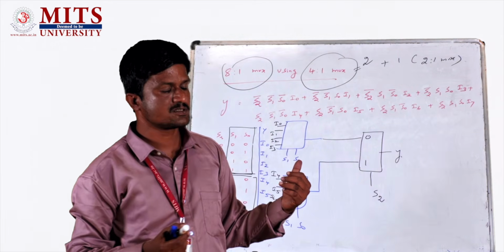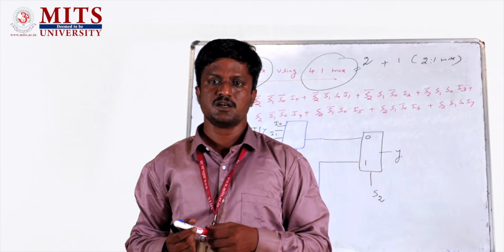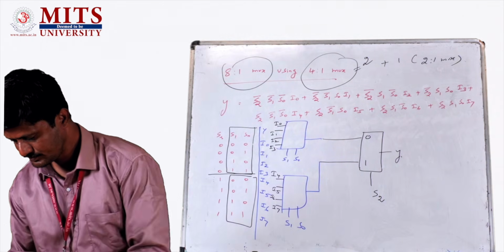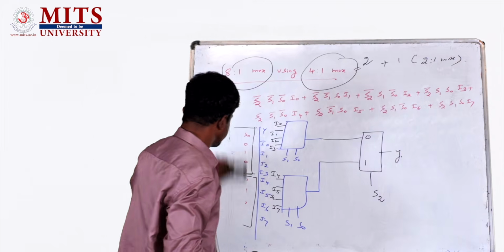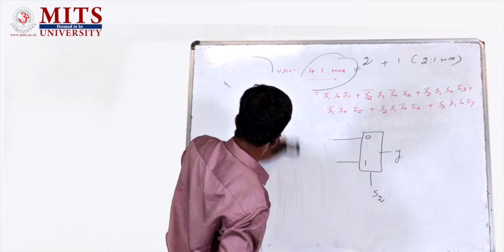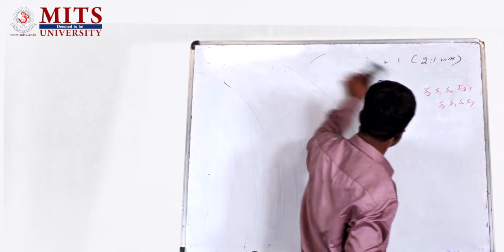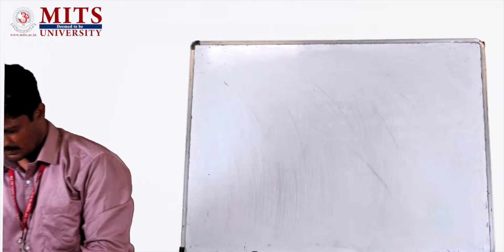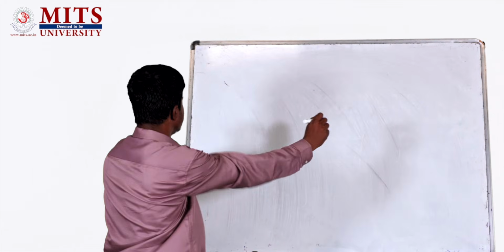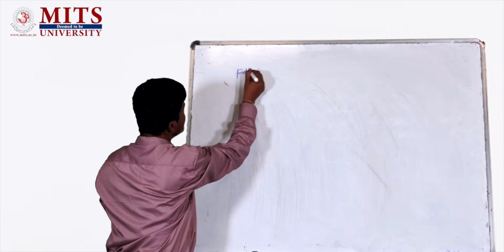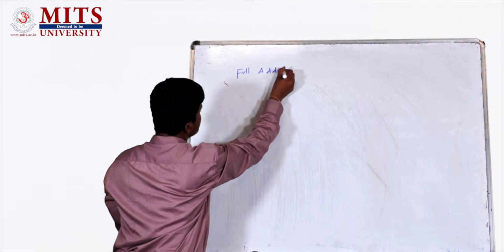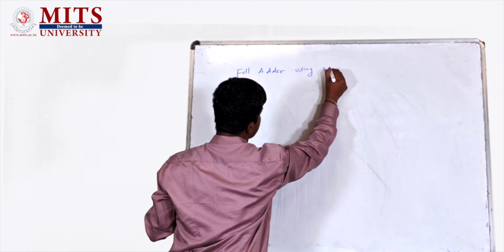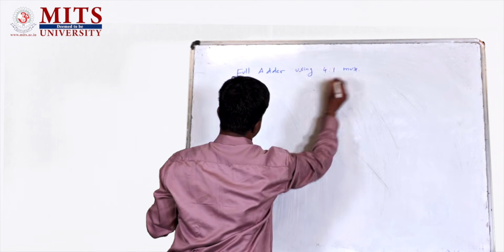First I am going to discuss the full adder using 2 is to 1 mux or 4 is to 1 mux. Full adder using 4 is to 1 mux.